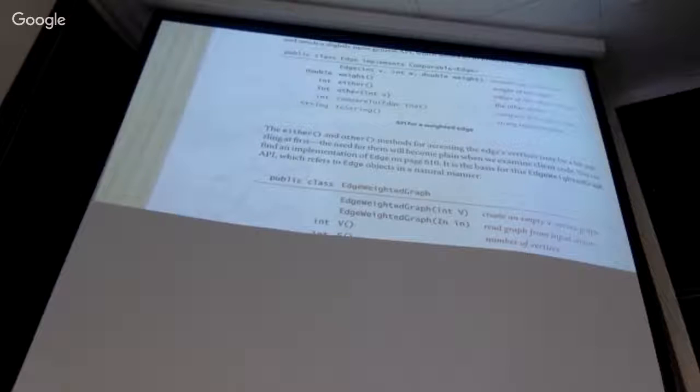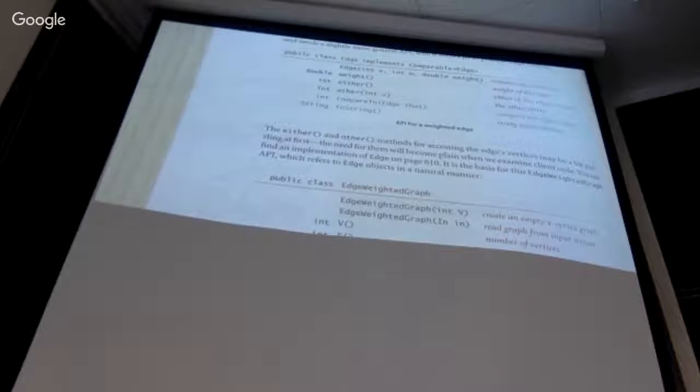So what either and other do is this: I don't want to constrain my algorithm to pick a particular node between V and W. My algorithm must work whether I pick V or W. So either will give me back one of the nodes. I don't know which one. There's no rule which says which one I pick. It will give me one of the nodes, and then other will give me the other.